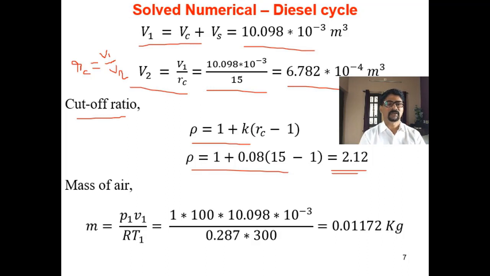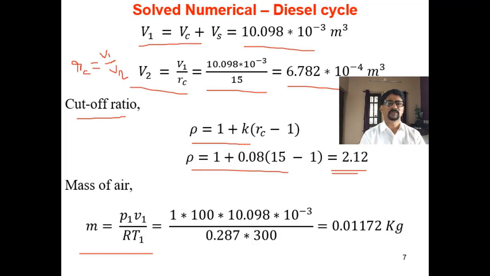Now let us calculate the mass of air. Since the volume is given at the inlet condition, you have to calculate the mass of air using the characteristic gas equation. P1 V1 is equal to m R T1. If you rewrite that expression, m is equal to P1 V1 by R T1.